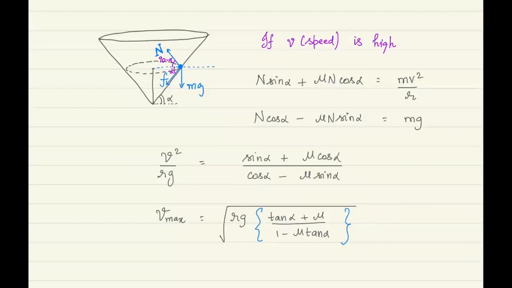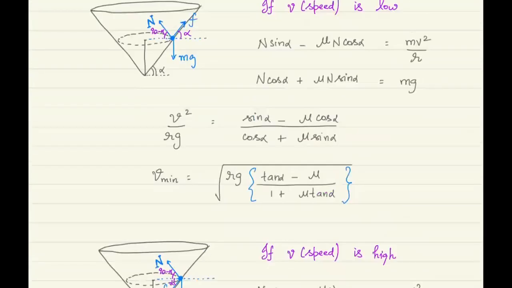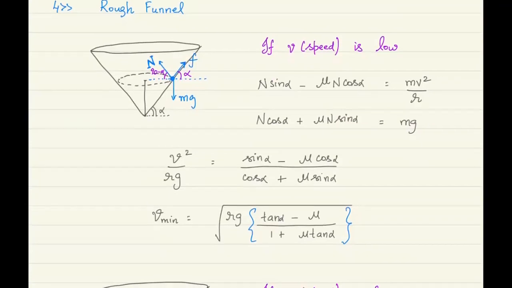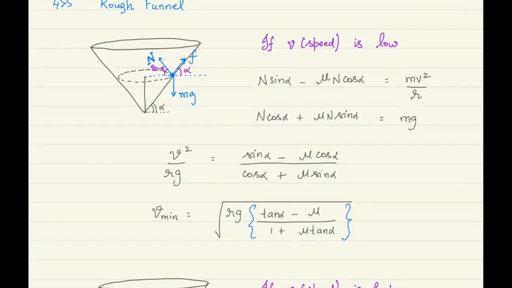The only point to note is that when you make the FBD for high speed, show friction down, take the net force along the radial line, and write the equation. Along the vertical direction, balance the net force and get the required expressions. You divide the two equations and you will get it. So if you remember the procedure behind how to make the FBD and solve, it is better for both cases. Just be careful about the friction direction while analyzing for minimum speed and maximum speed.